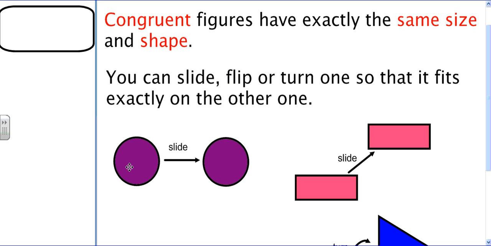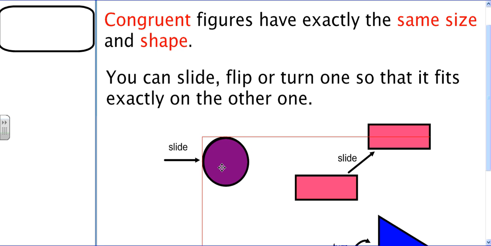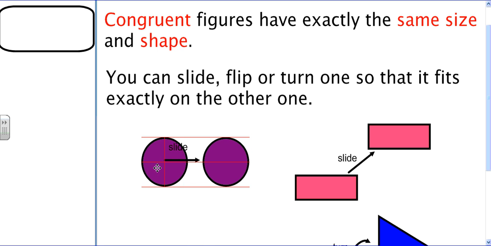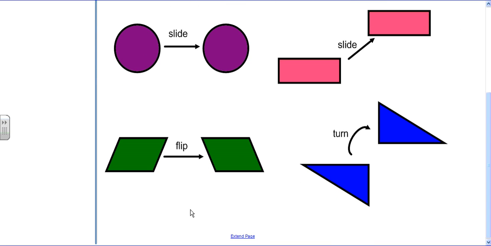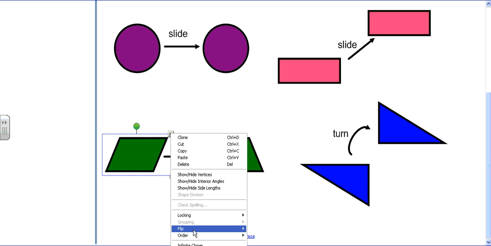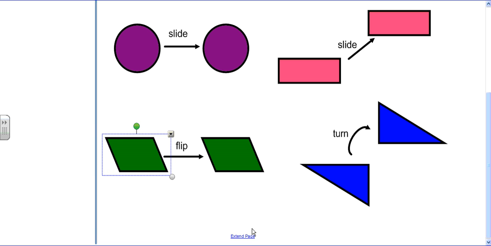So for example, if we have this circle here, we could just simply slide it right on top of the other circle and they match up exactly, right? Or another way we can slide is we don't have to necessarily go left, right, up, down. We could slide diagonally. So if I slide this one on top, they match up exactly. So we could slide it, or maybe we flip it. So if I took this one and watch this, we're going to flip it left, right.